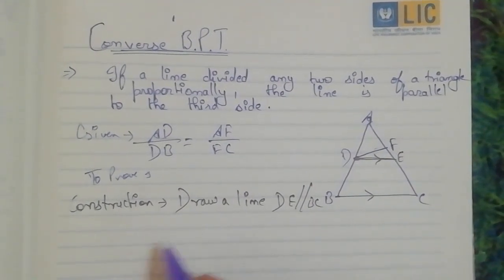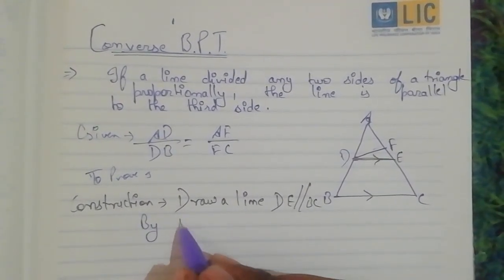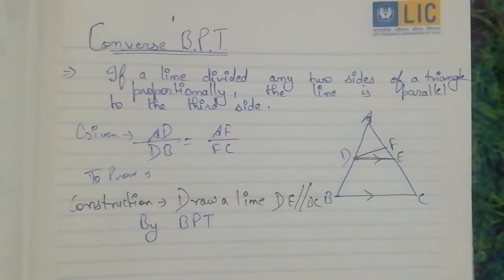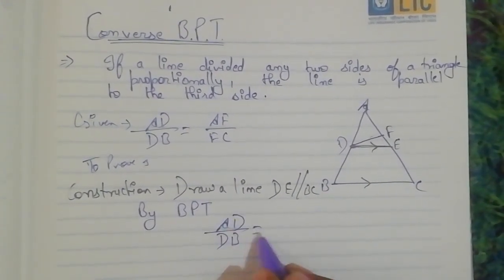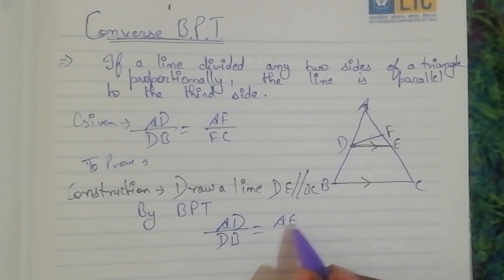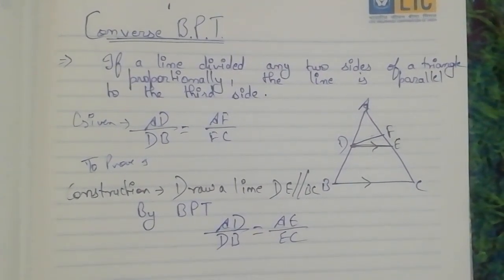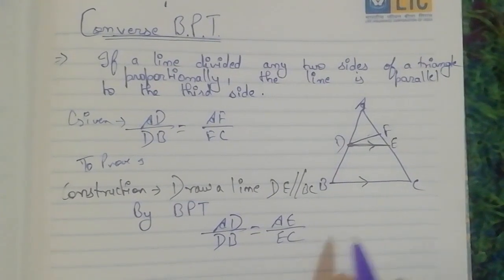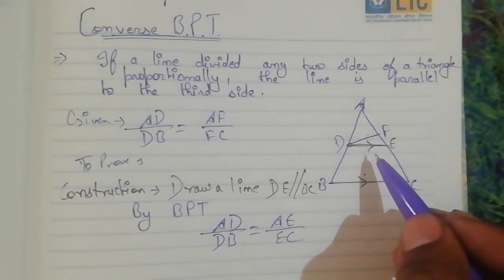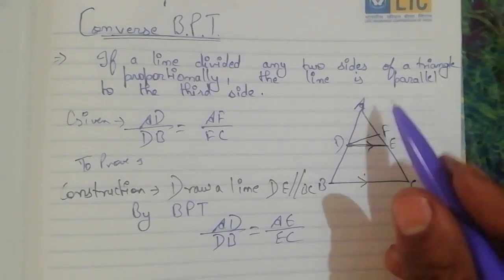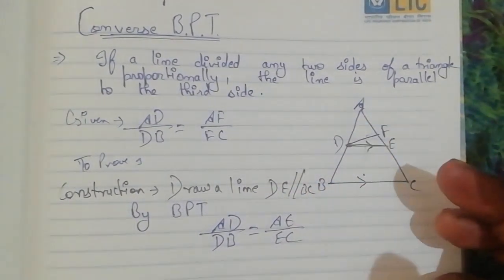Okay, so by BPT, the basic proportionality theorem, we can say that AD upon DB is equal to AE upon EC. We can say that because these two are parallel lines, and if a line is parallel to the third side, it will divide the other two sides in the same ratio.